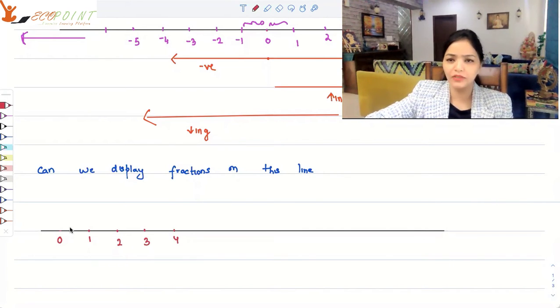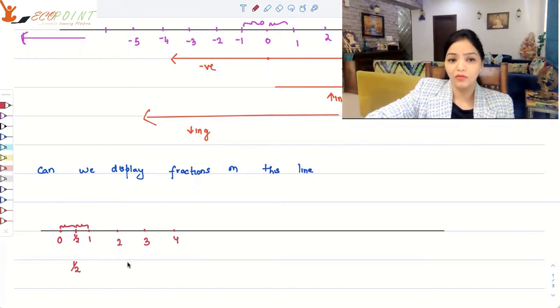The easiest way to start is to talk about the number half. Where would half be located? What is the location for half? Half means it is half the distance from 0 and half the distance from 1. So it will be absolutely in the middle of 0 and 1.